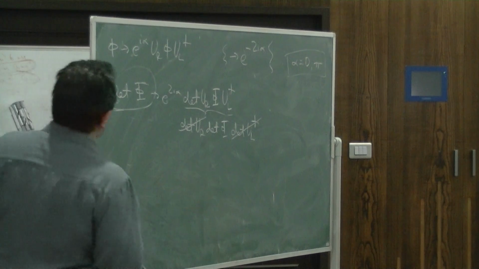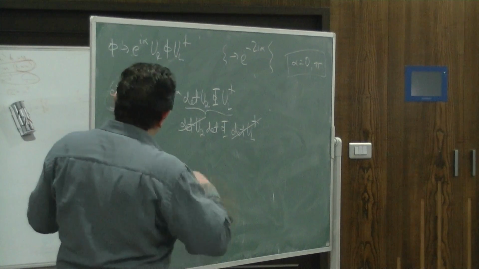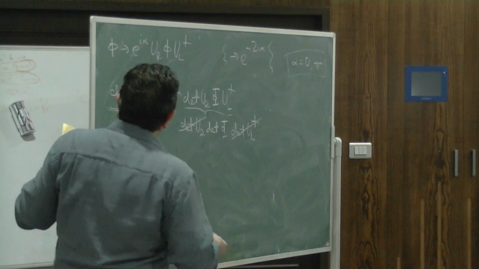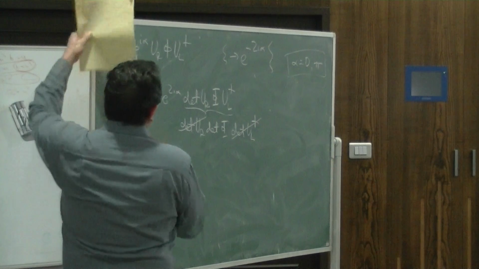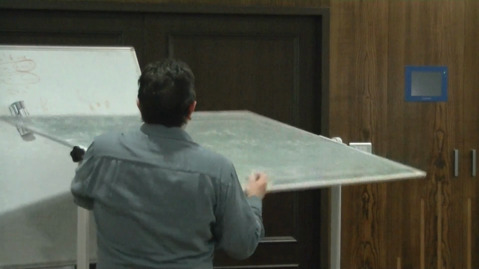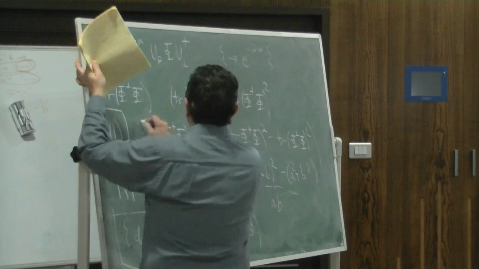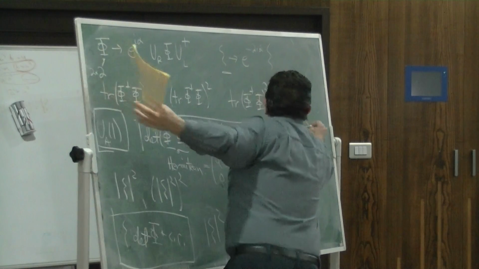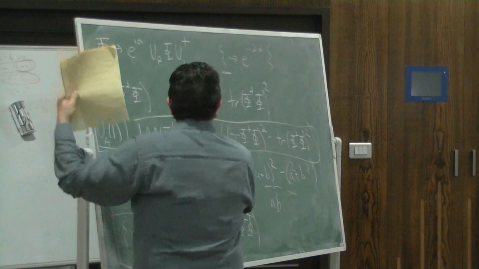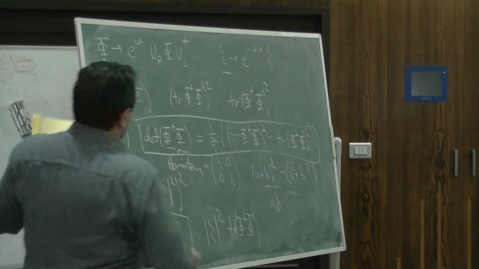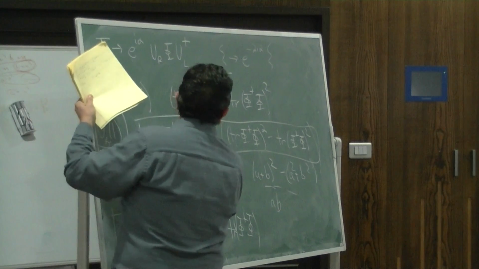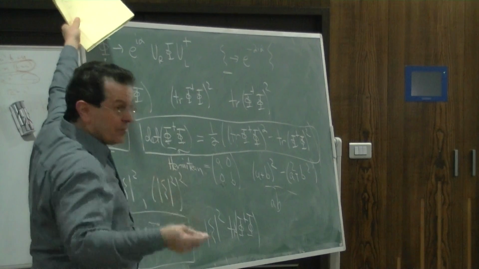Now when you go beyond to quartic terms, you get a whole bunch of other terms. And let me just stress that before I showed that determinant of phi dagger phi was equal to a bunch of traces, since phi dagger phi is Hermitian.